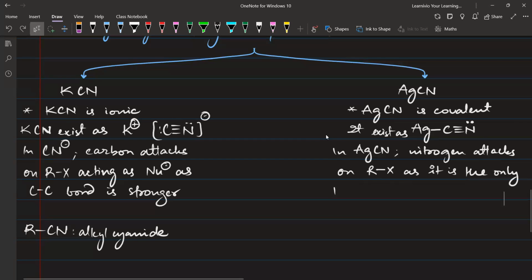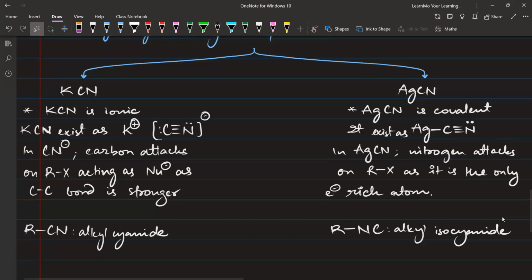Only electron rich atom बोल देते हैं, वही nucleophilic मतलब होता है. Only electron rich atom. ठीक है. Therefore, what will happen? You will form R, and this alkyl group is attacked by nitrogen atom, so NC. That is alkyl isocyanide. Copy this down. Raise your hand once you're done.